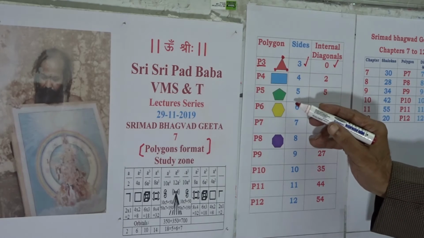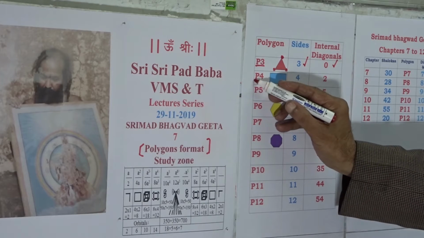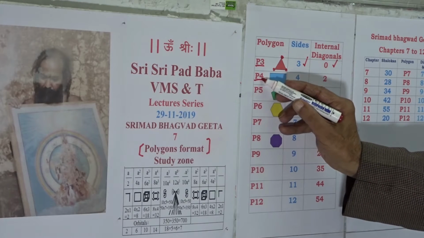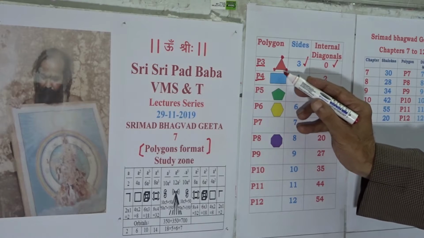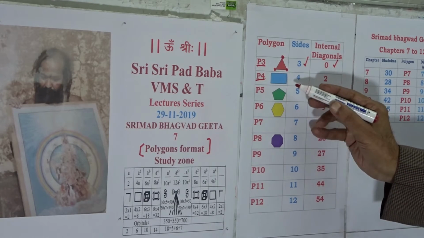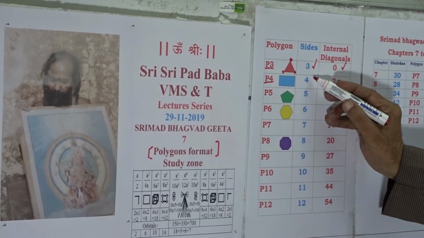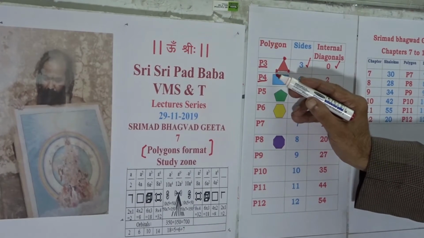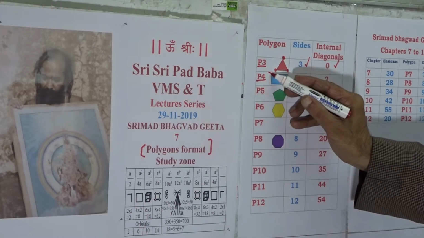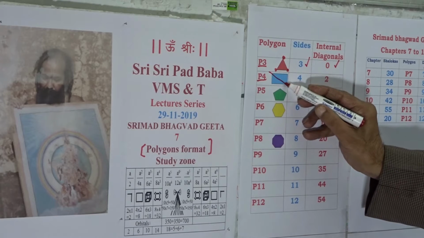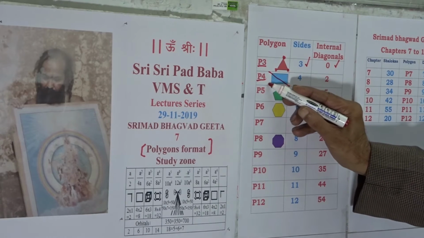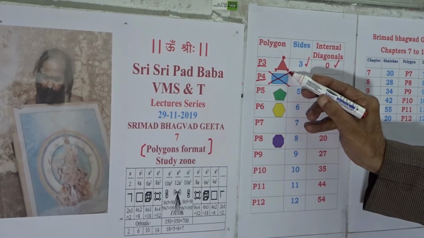A step ahead, when we reach at polygon, a setup of four sides, which is a rectangle or a square, now it has four sides. However, we know we will have a pair of diagonals.